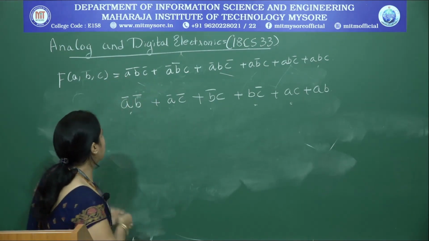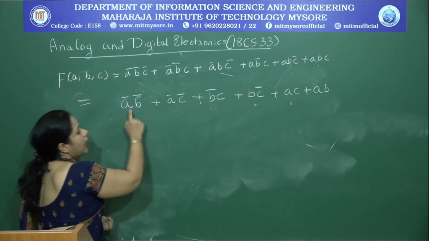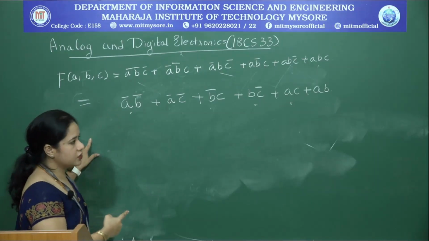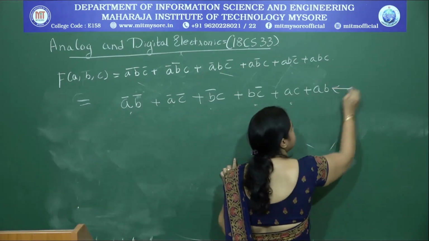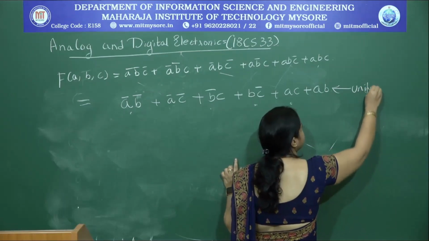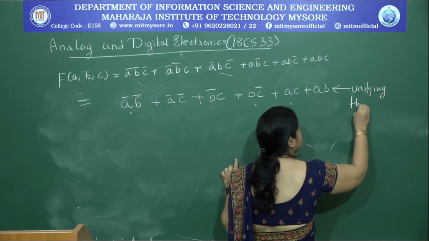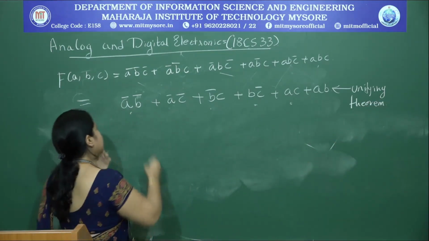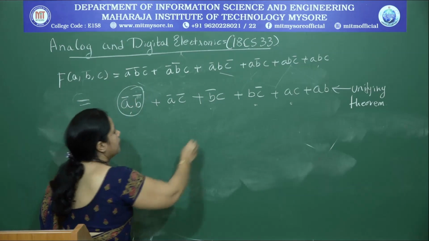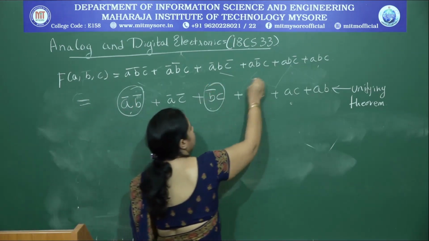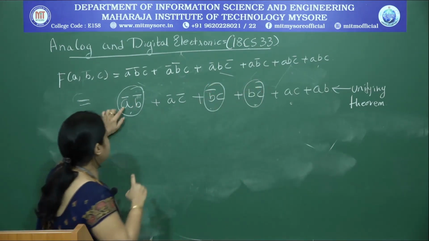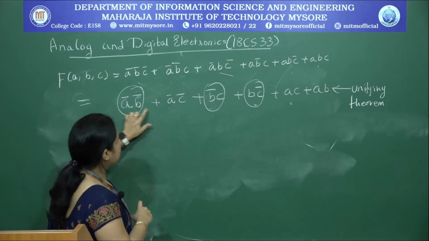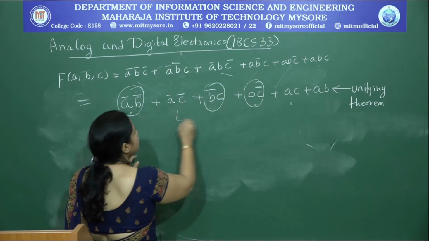As a result of the uniting theorem, I have 6 terms here, and this can be further simplified using the consensus theorem, wherein this term will be eliminated, this term is being eliminated, and this is going to be eliminated. If you can see, A bar B bar has been eliminated, as a result of the combination of these two.